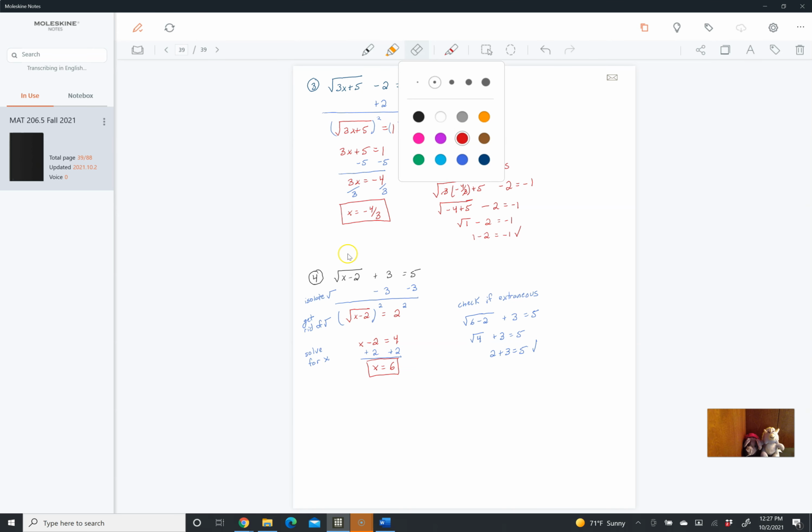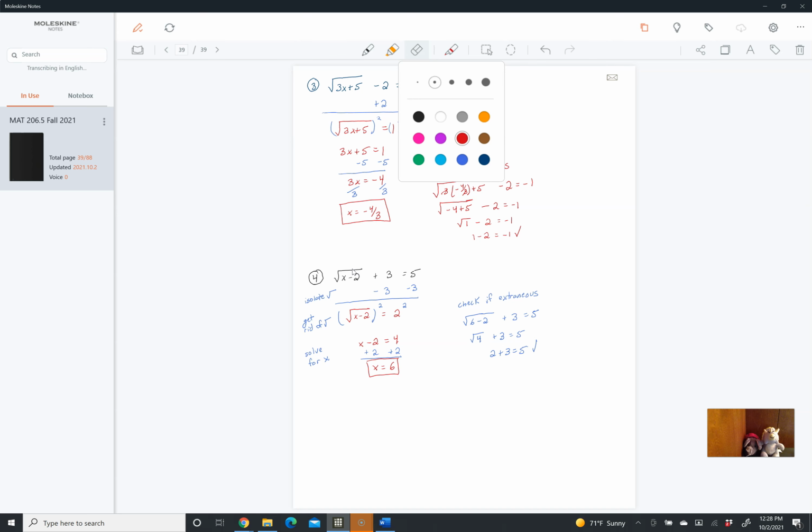Okay, notice we followed all the same steps. Isolate the radical, subtract 3 from both sides, get rid of the radical by squaring both sides, solve for x. In this case, it's just a simple linear equation, and then plug it back in to make sure it's not extraneous. So we plugged it back into this original equation here.